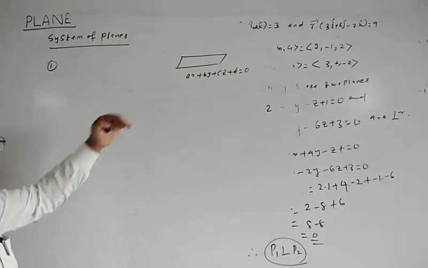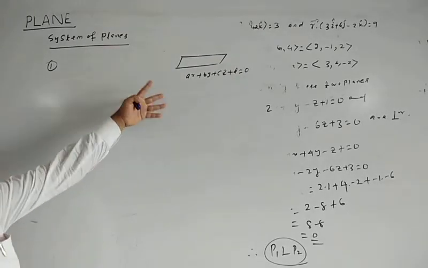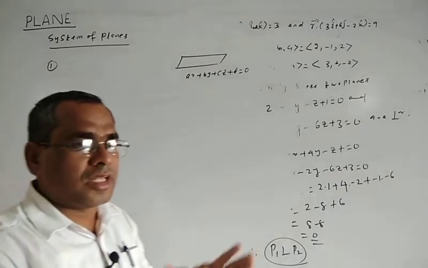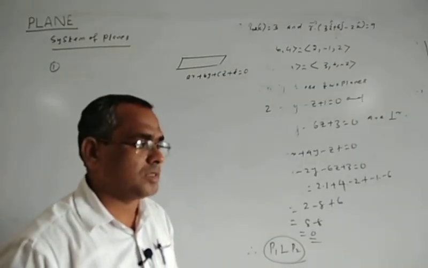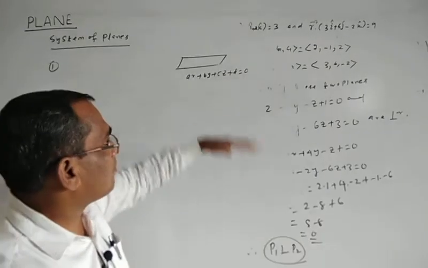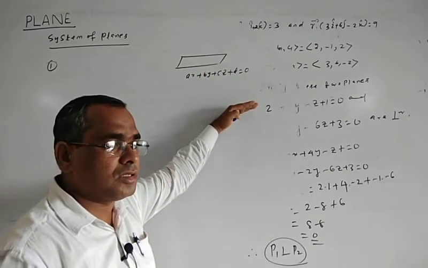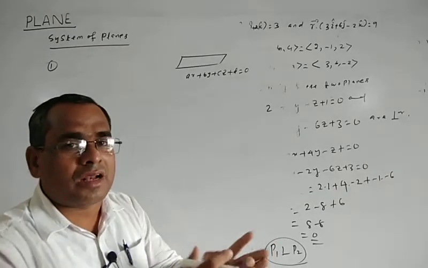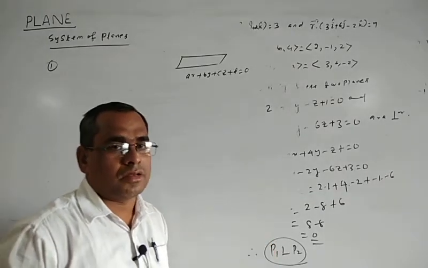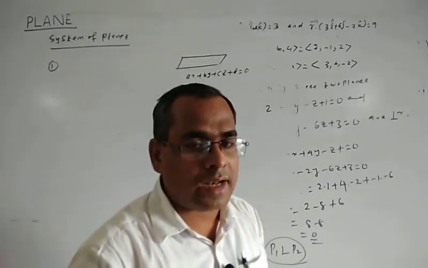There are many planes which are parallel to the given plane. So these many planes are known as a family of planes or system of planes. These planes are parallel to the given plane, which means their normals must be parallel.